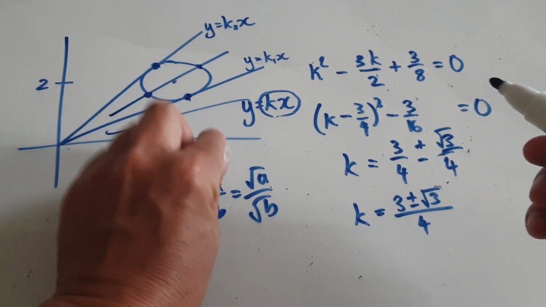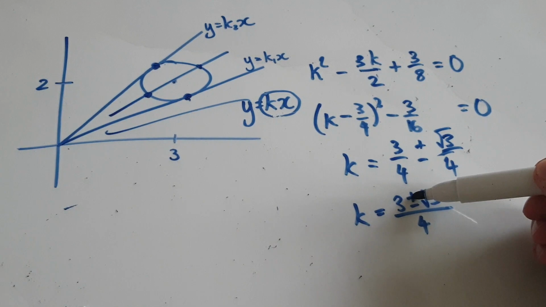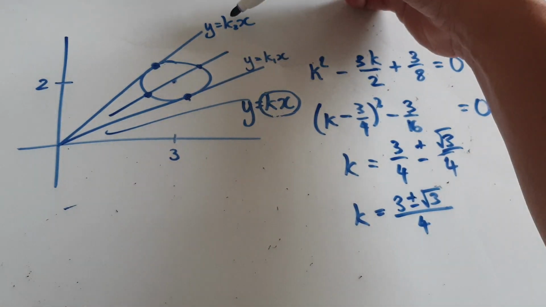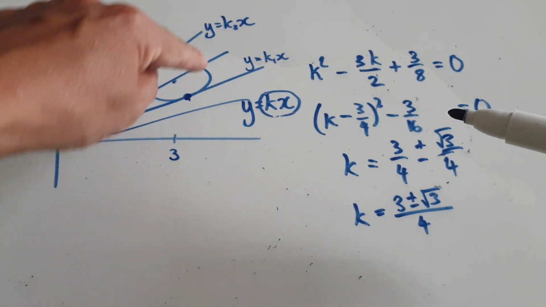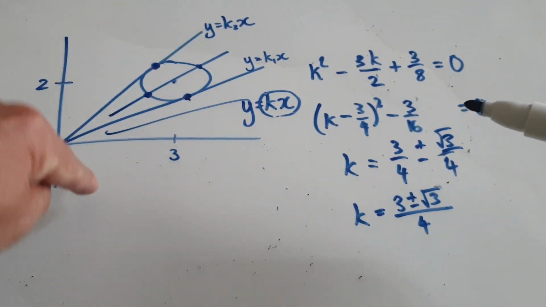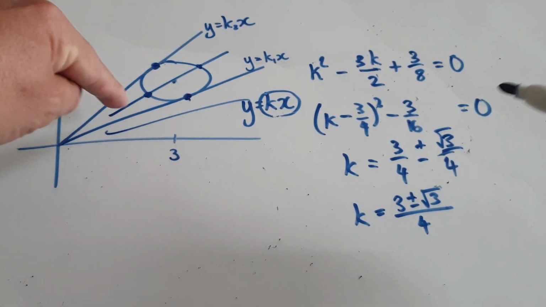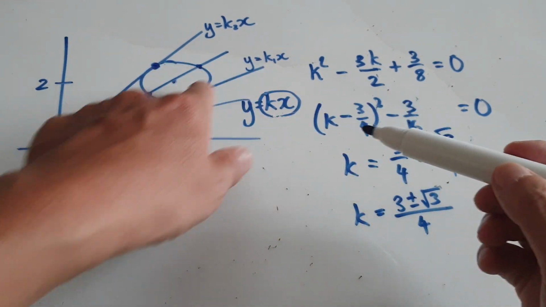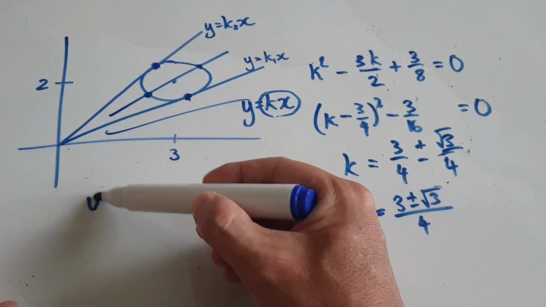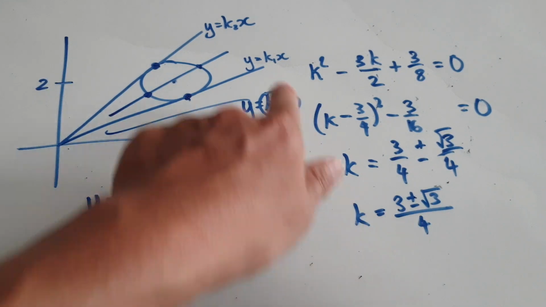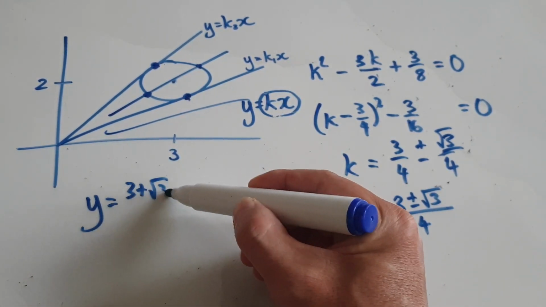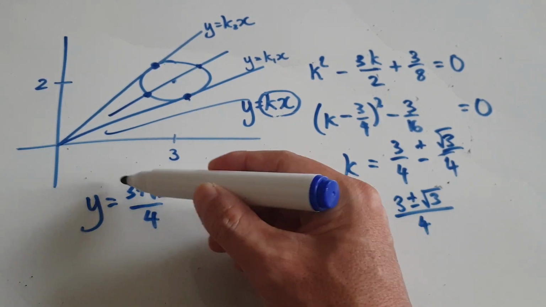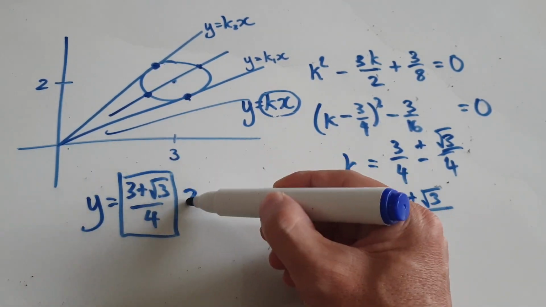So this is your answer here. One k would be the positive version, and the other k would be the negative version. So if you get a graph plotter, punch in this circle, I gave you the equation earlier, and now punch in the straight line. The equation of a straight line would be y equals kx, where k is 3 plus root 3 over 4, times x.